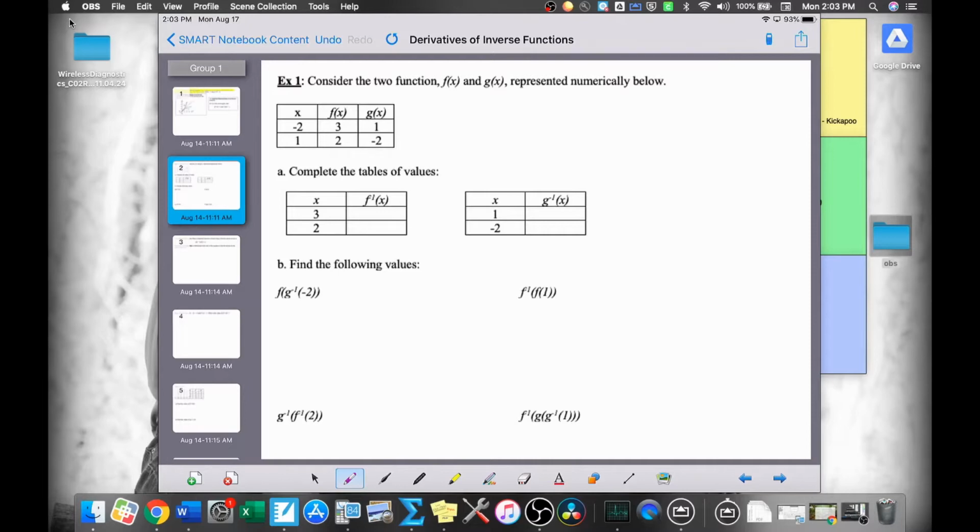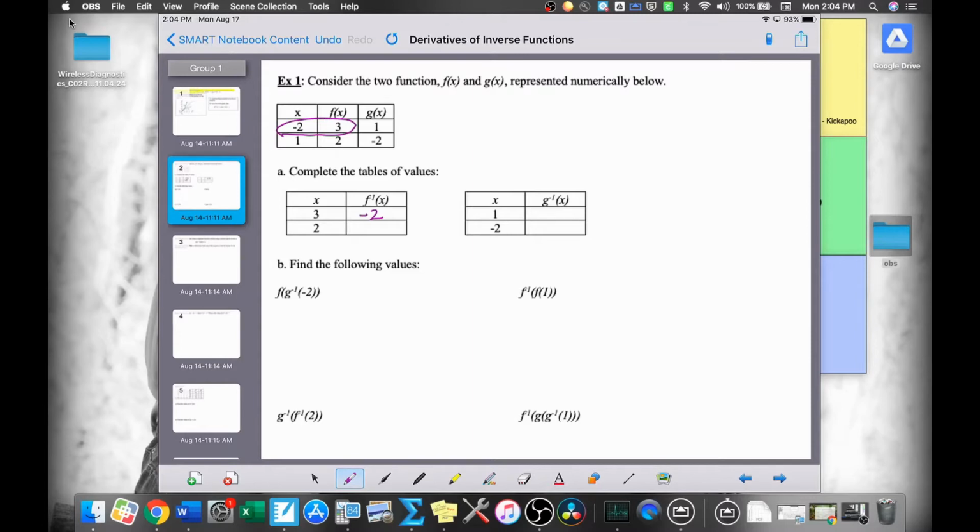Then if x is 3, we should be able to determine that f inverse of x is going to be the x value, which is -2, right? So we're looking at this relationship right here, and we are basically flip-flopping our domain and our range.